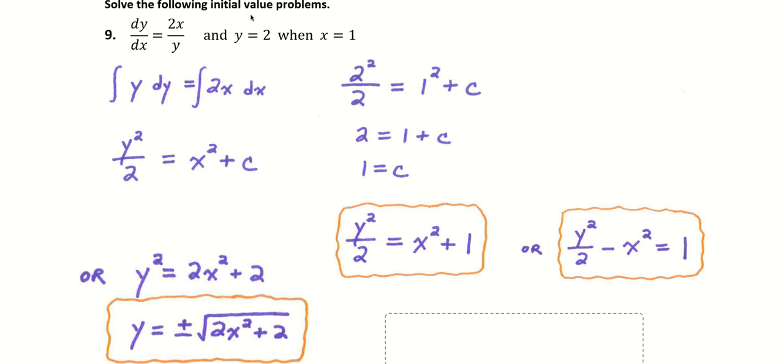And these are initial value problems, which means we're going to now solve for c. And now look, I don't know what's really best here. If I had all these answers, I'm not going to be too strict on what your final answer looks like, here in the 2023-2024 school year. I might say this one might be the best because it's in the form of a hyperbola, not an ellipse, I don't think.